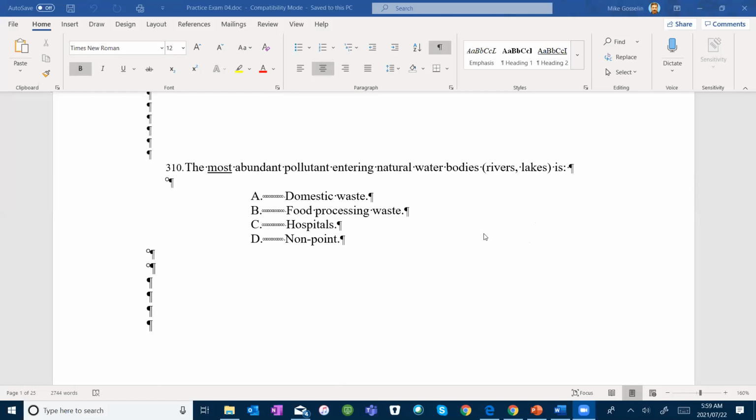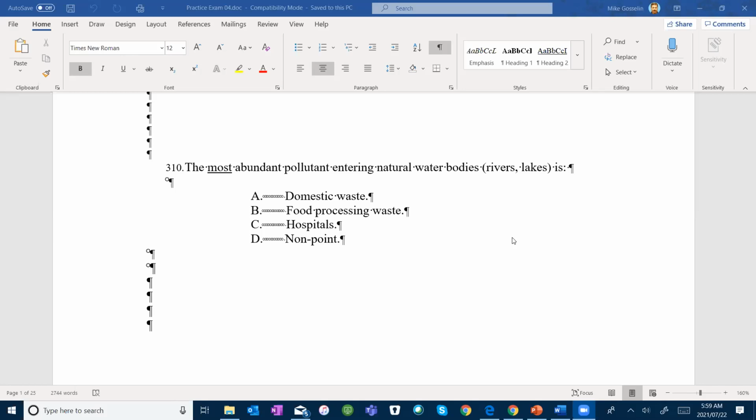So the most abundant pollutant entering natural bodies of water, i.e. rivers and lakes, is... so 1 A. And a couple A's. Okay.